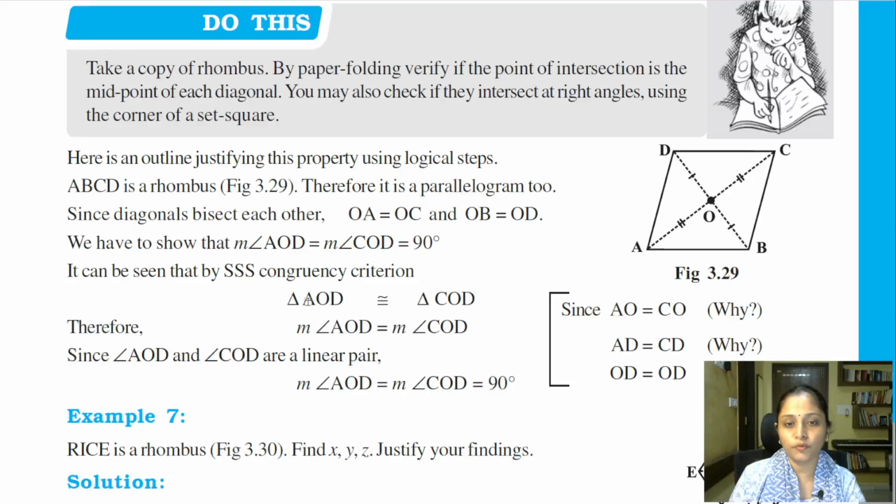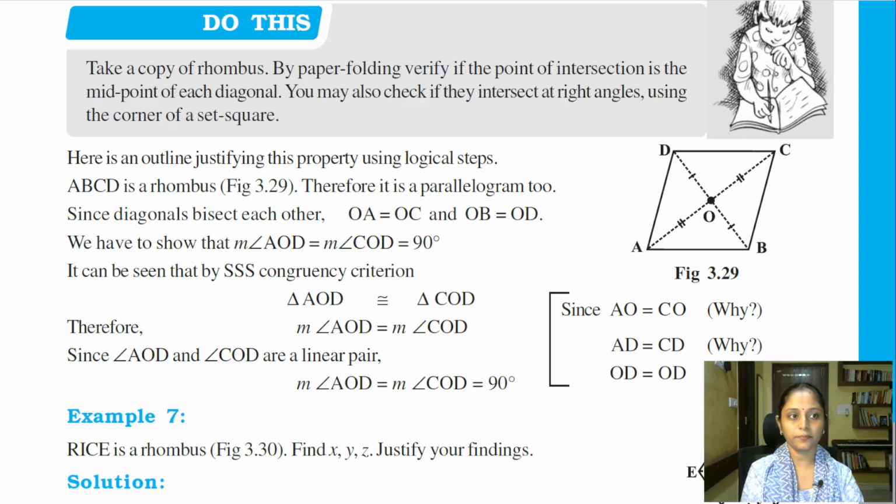Now, what is the proof they are using in order to prove it? If you are not doing the activity, you will be considering these two triangles AOD and COD. If you consider AOD and COD, you will see that all the three sides are correspondingly equal.